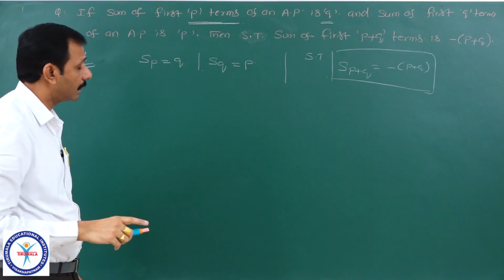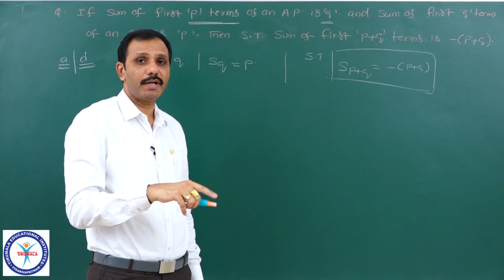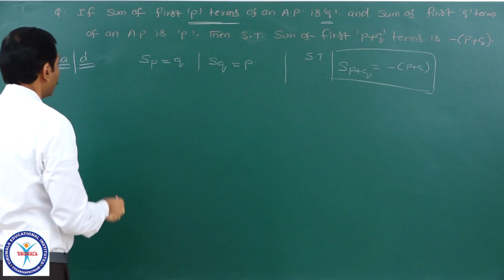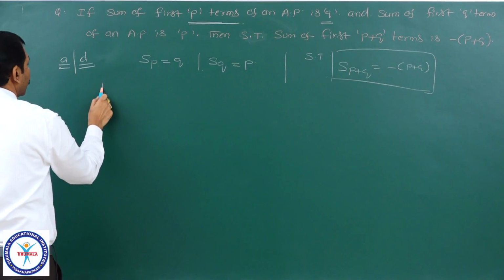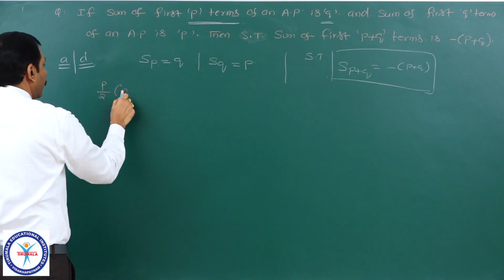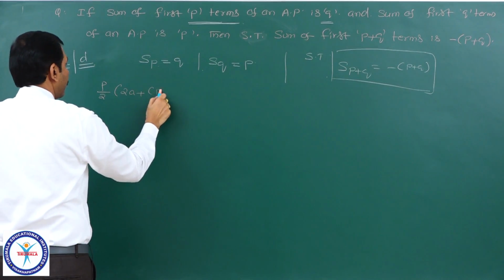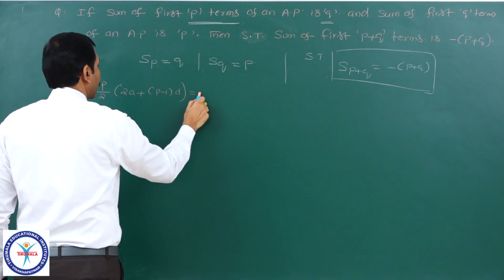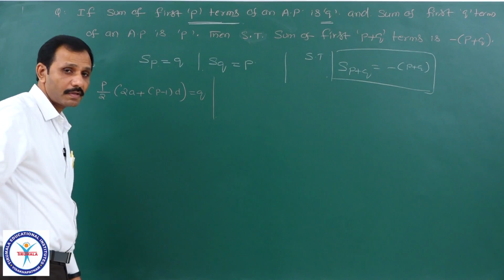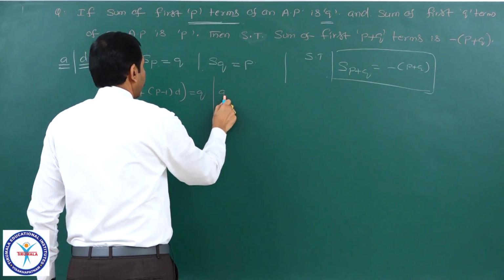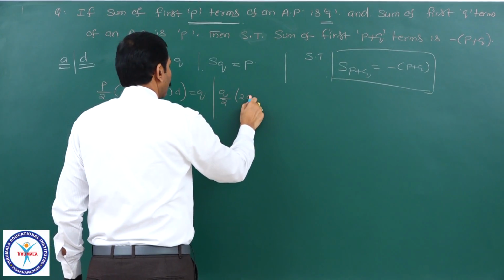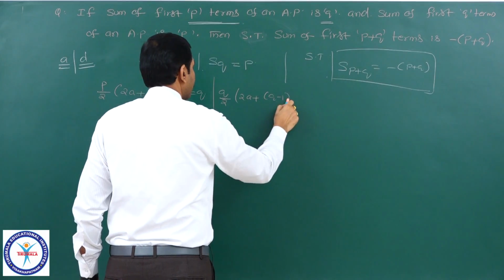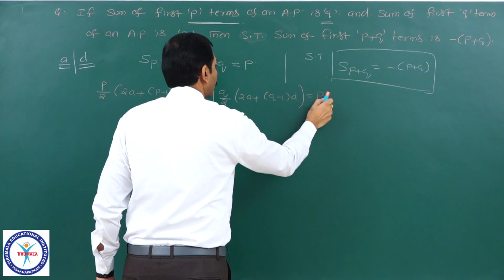You know Sn, the sum of n terms, is n by 2 into (2a plus (n minus 1) into d). So Sp, p by 2 into (2a plus (p minus 1) into d), is equal to q. Sq, it is q by 2 into (2a plus (q minus 1) into d), is equal to p.